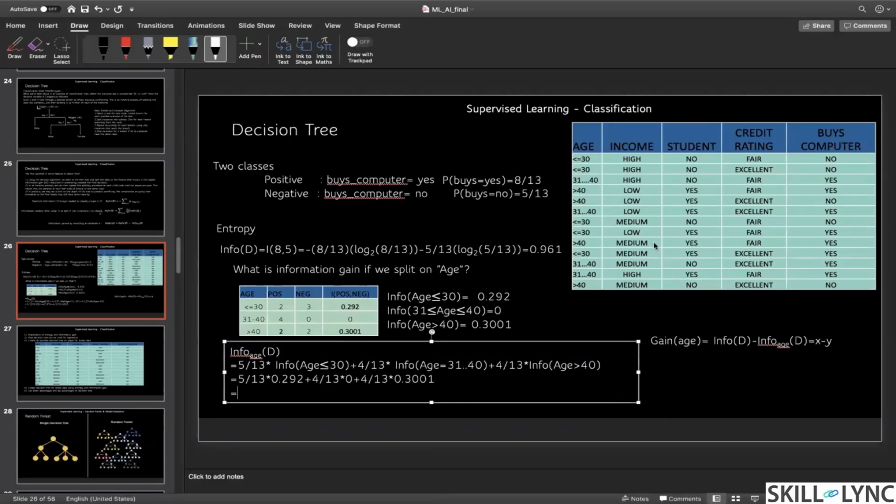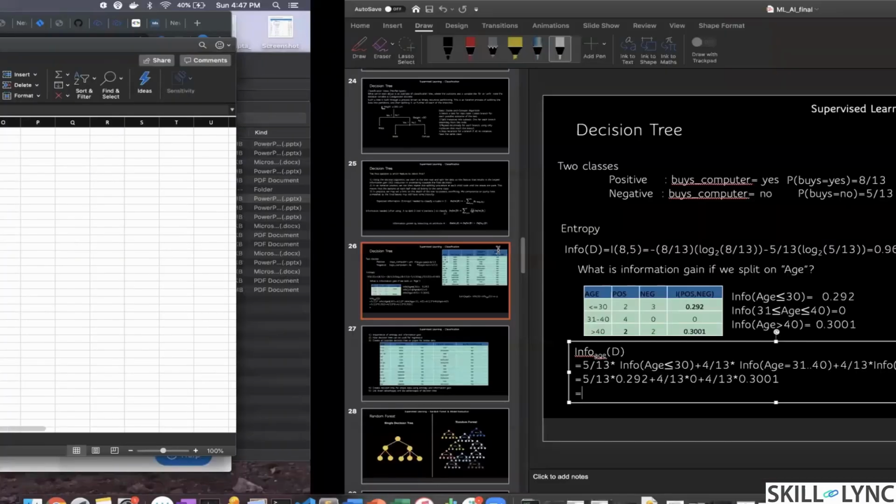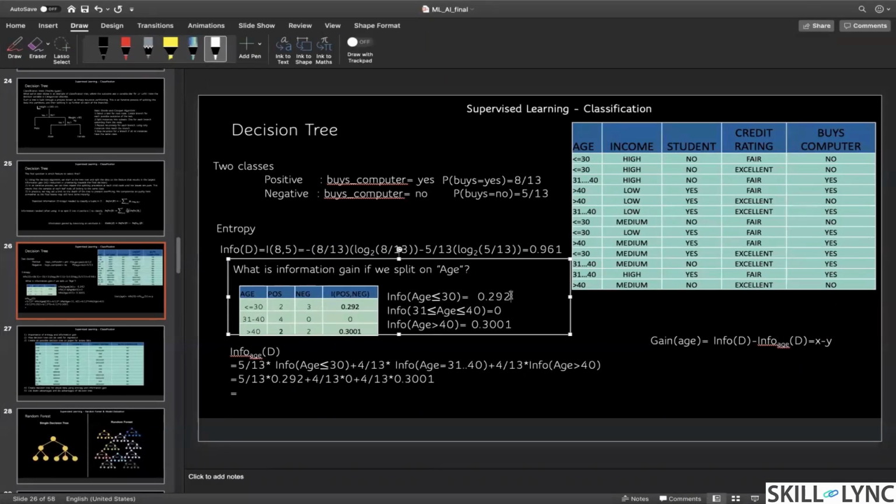Yes, base is 2. So what is the value which we are getting? 0.97. Okay. So I think we have calculated with base E, I believe then. 0.97 and then 2 by 4, 0.5 minus 1. Okay.